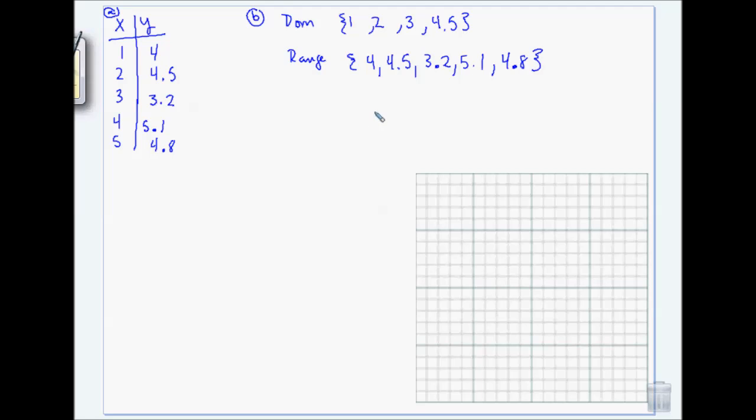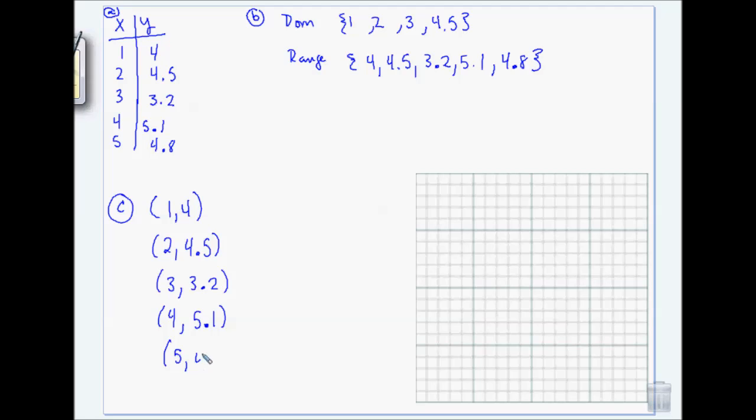C is we're going to convert the data to ordered pairs. Then we're going to graph them.